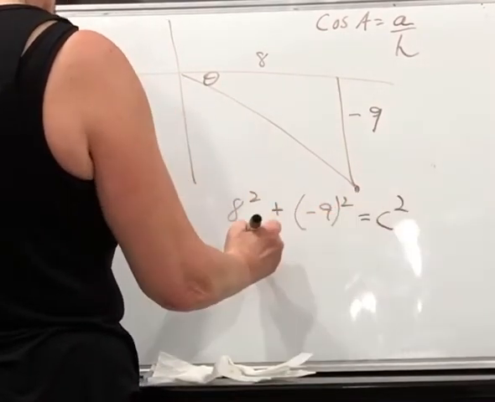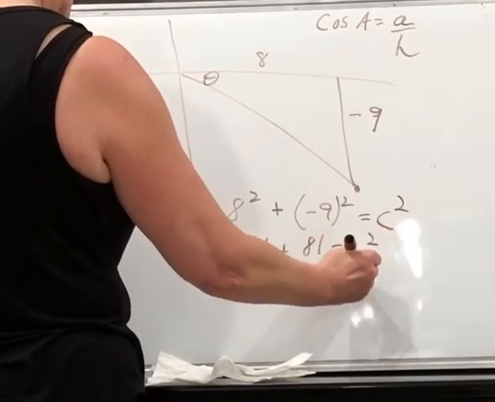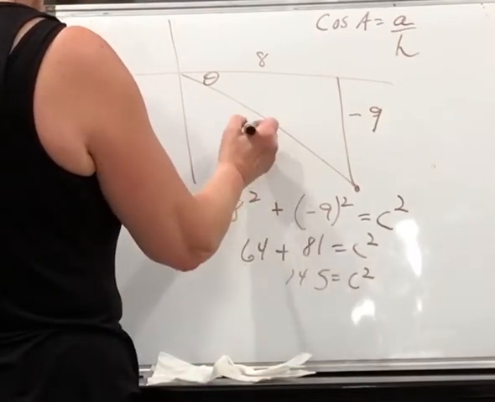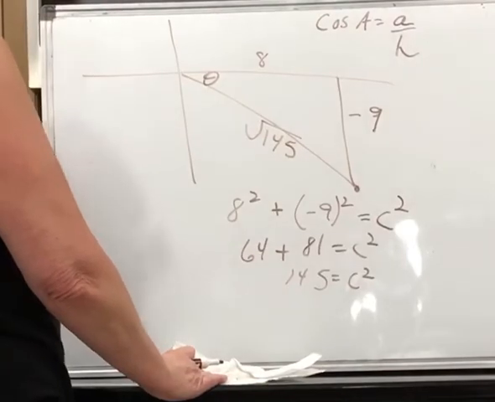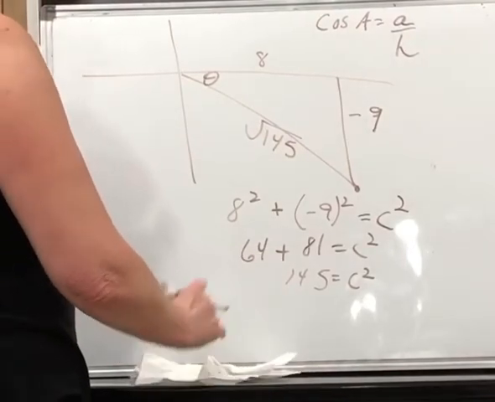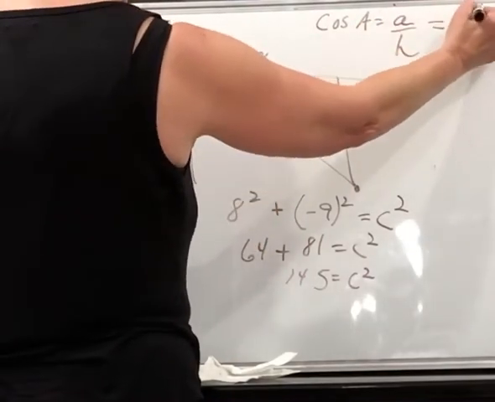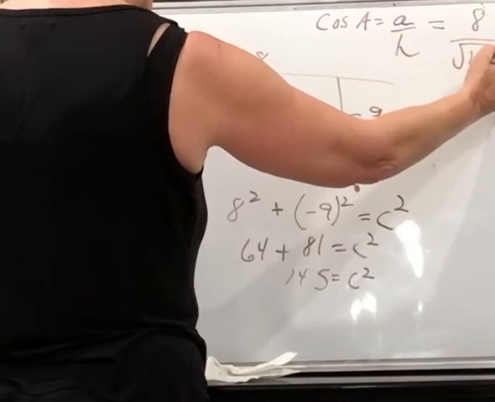This is C squared, so this is going to be 64 plus 81 is C squared. C squared is going to be 145, or C is going to be radical 145. So my cosine of A is going to equal my adjacent, which is 8, over radical 145.